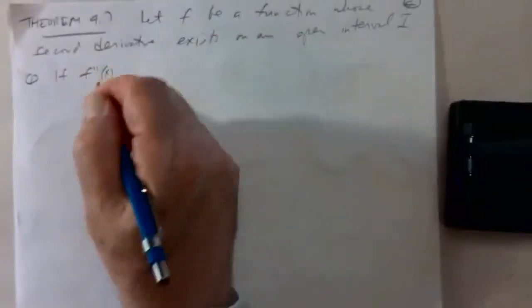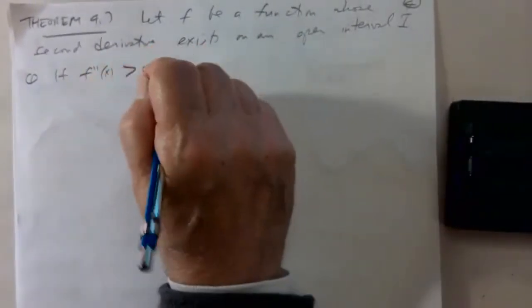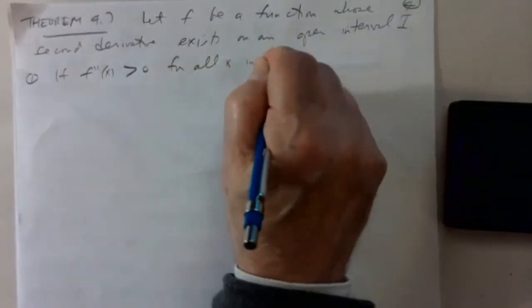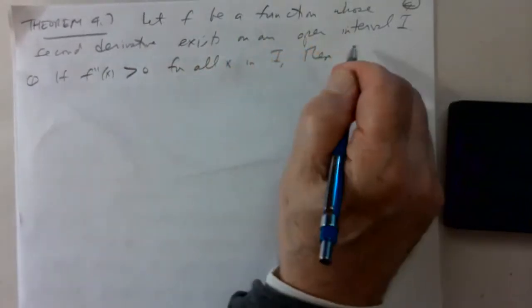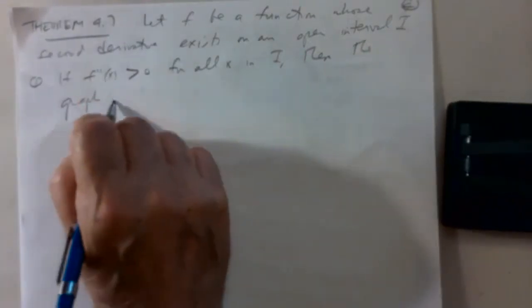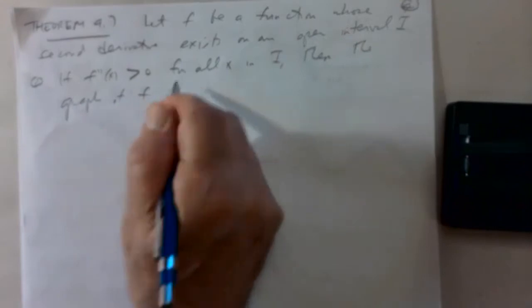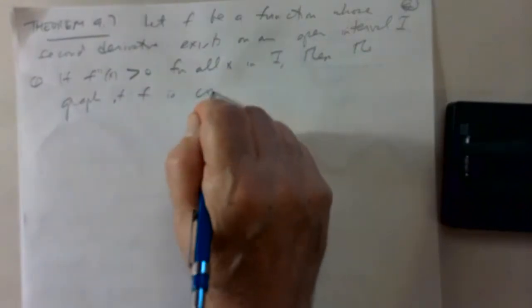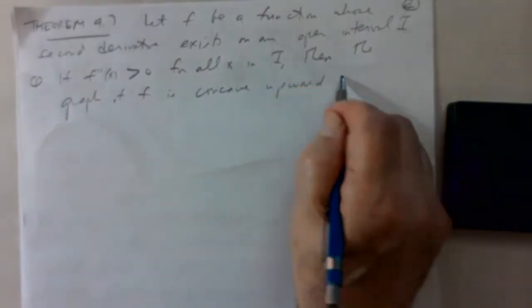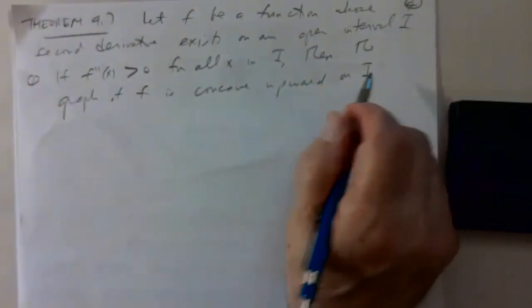If the second derivative is positive for all x in I, then the graph of f is concave upward on I. So concave up means the second derivative is positive.